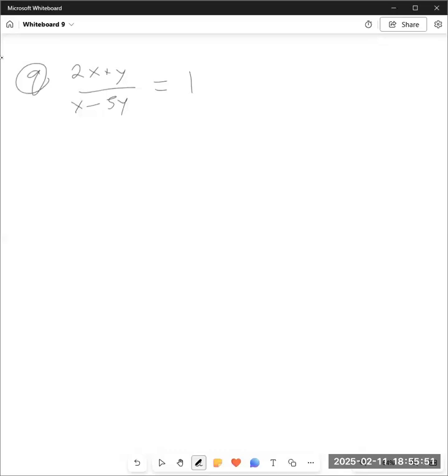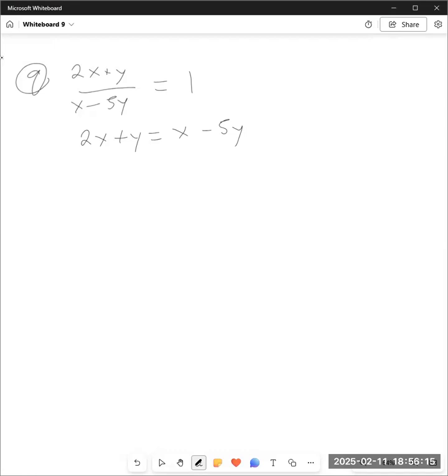So I have a quotient rule going on here with implicit differentiation, but also this one isn't so bad to just multiply by the denominator here and say, let's make this 2x plus y equals x minus 5y, because 1 times that denominator.